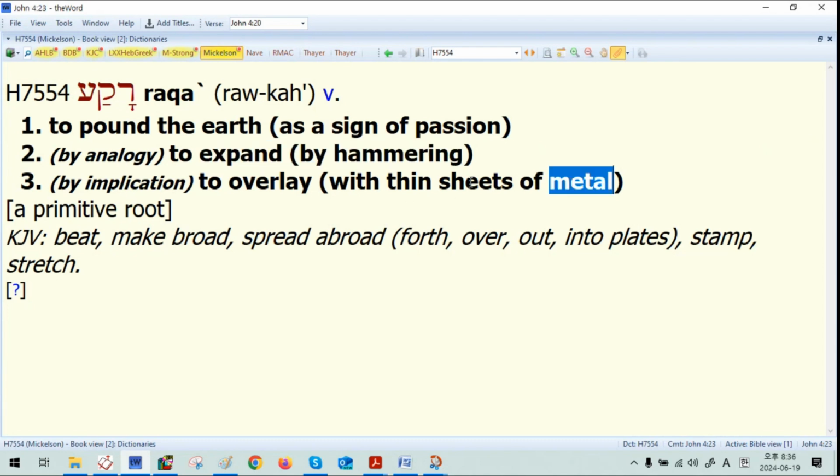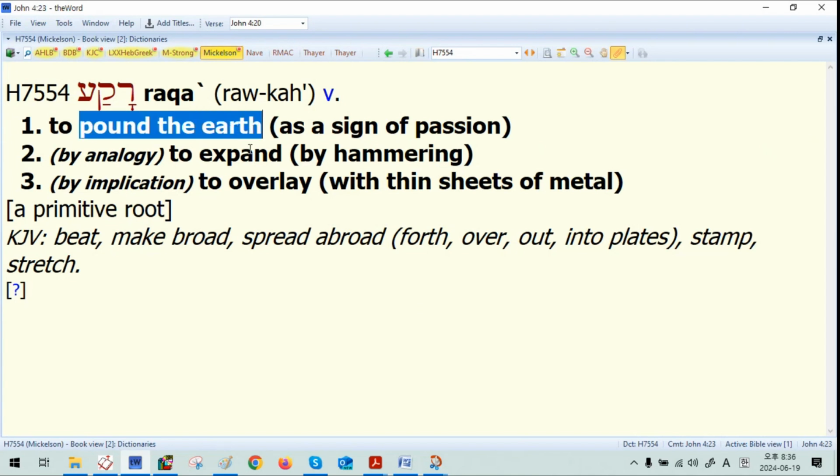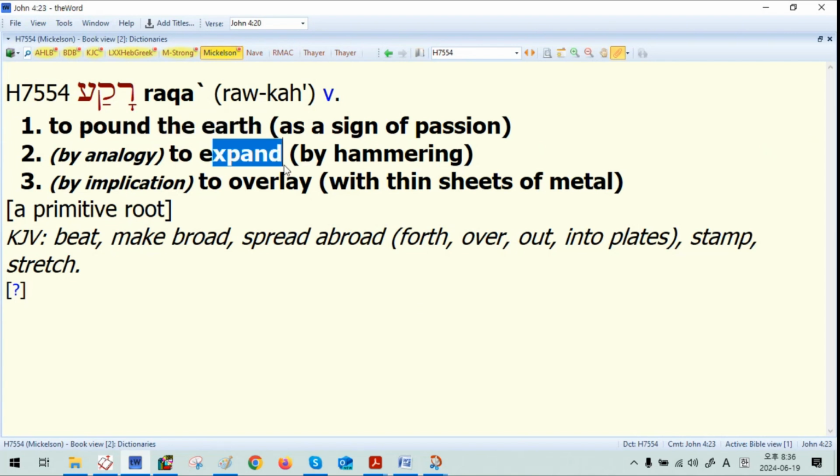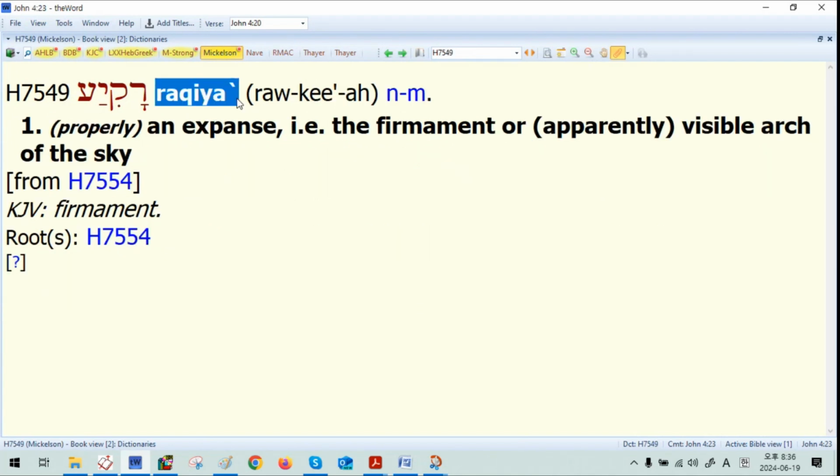If you have thin sheets of metal, you hammer them to expand them and make the sheets of metal big, right? So that is to pound the earth to make it expand. That is what raqia means.